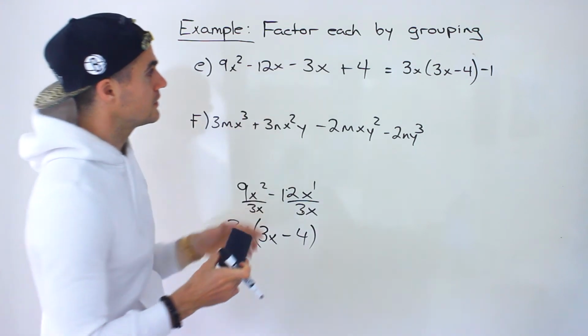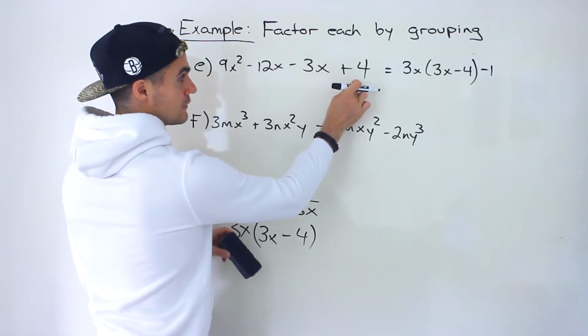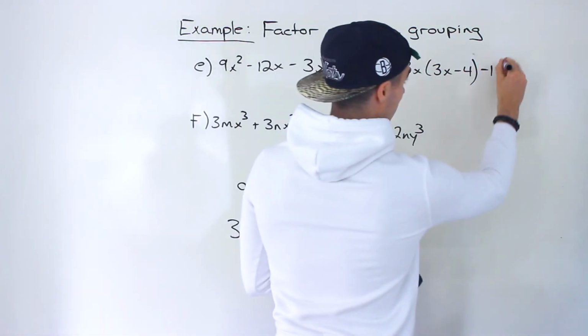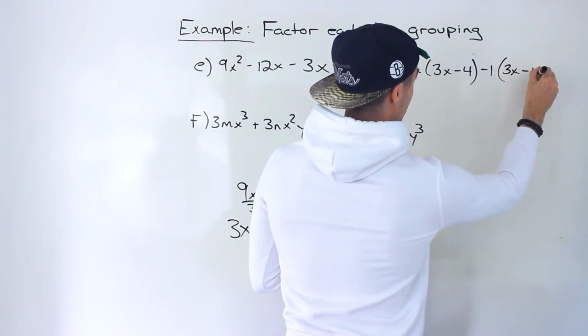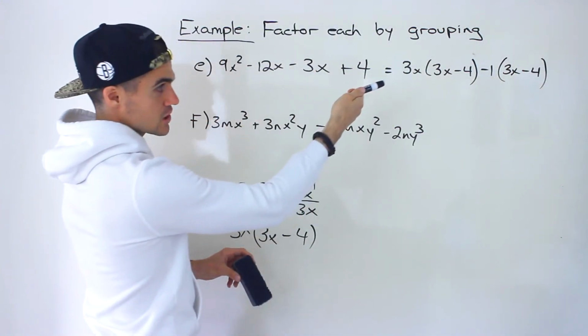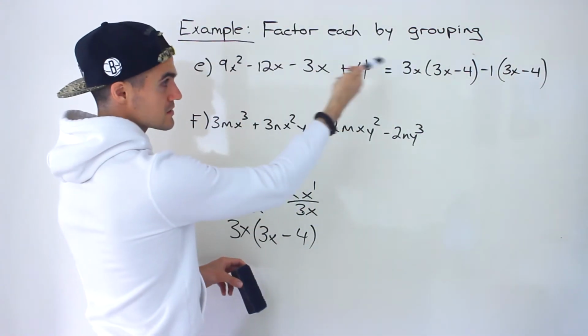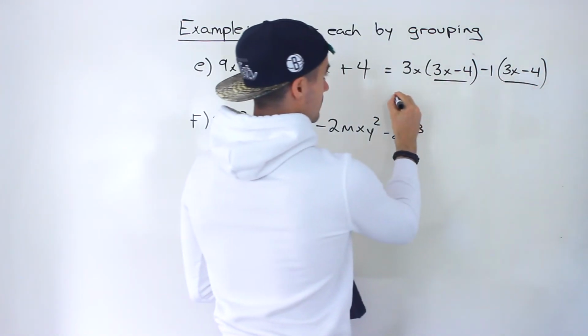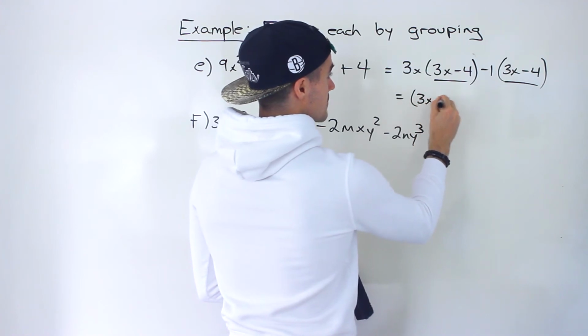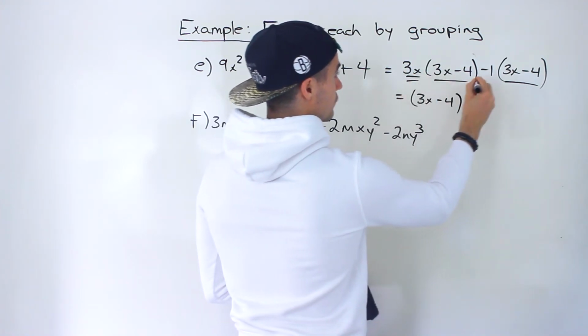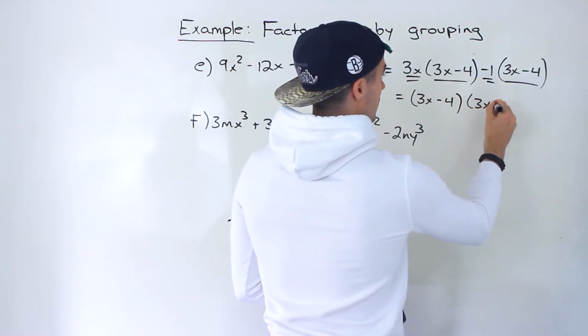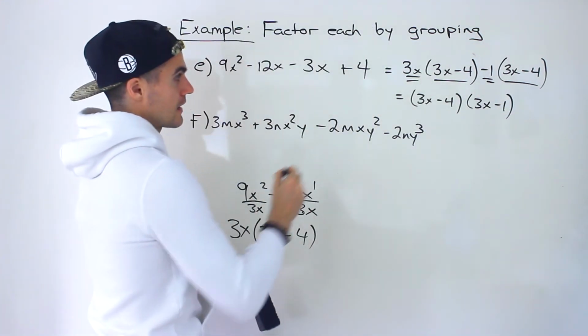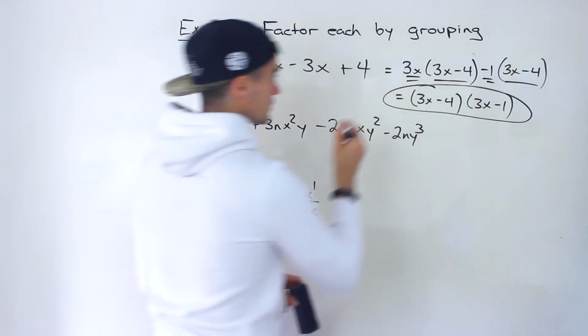Take out a negative 1, and so we divide this by negative 1, divide this by negative 1, basically all the signs change. That negative 3x changes to positive 3x, that positive 4 changes to negative 4, and now notice we've got the same bracket. So we'd have 3x minus 4 that we could take out, and we'd be left with 3x minus 1, like that. So that ends up being the solution.